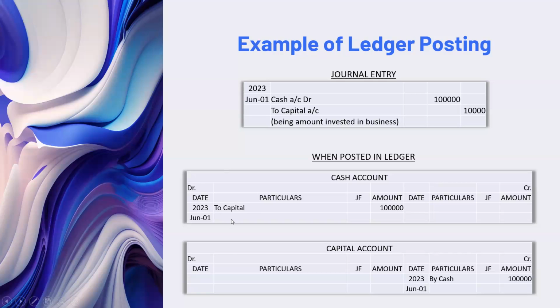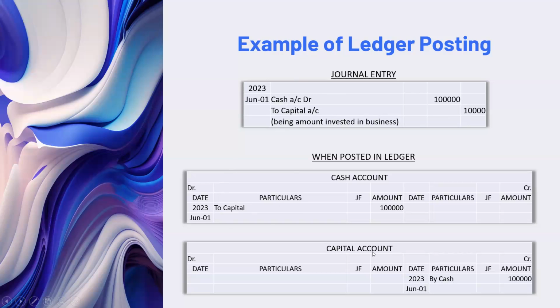So we are applying the rules here, taking completely the opposite. The capital account creditor is taken here in the debtor column, and the cash account debtor is taken here in the creditor column.